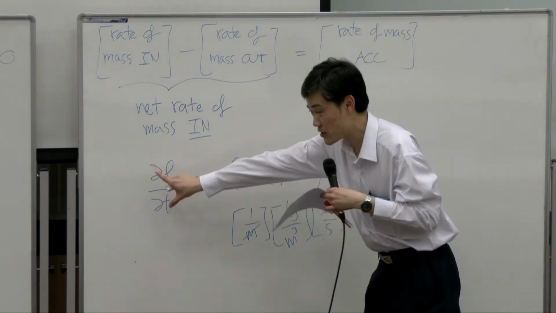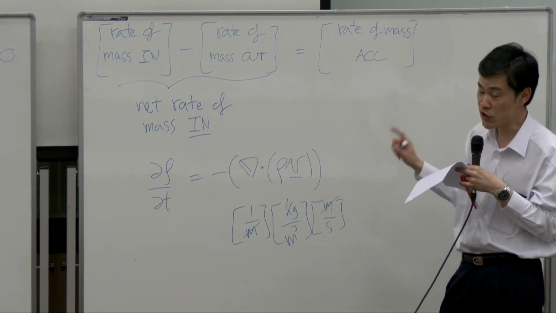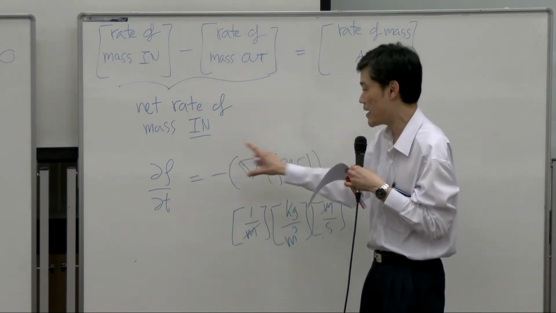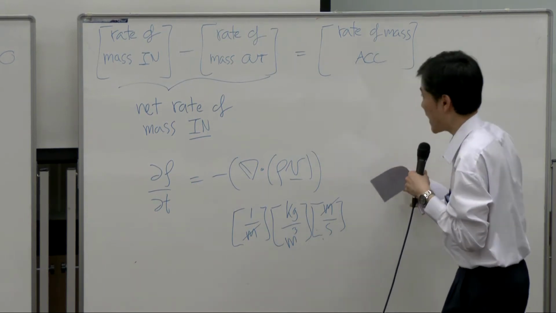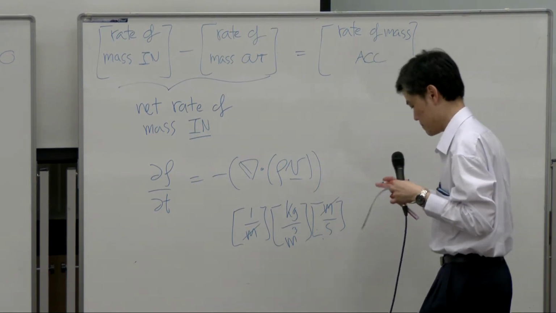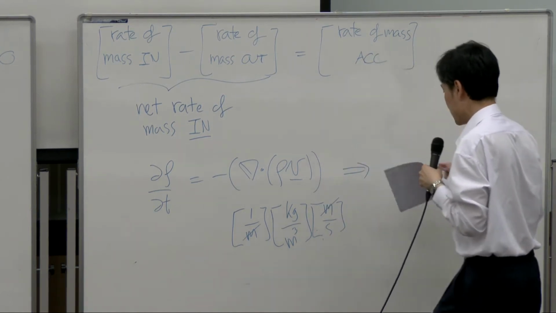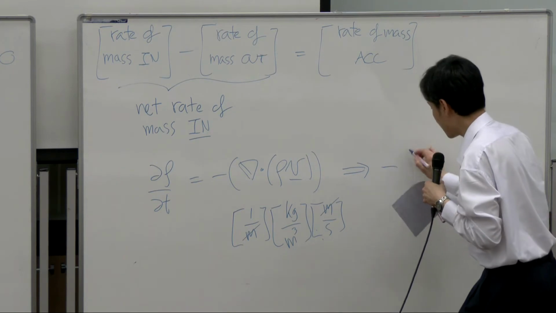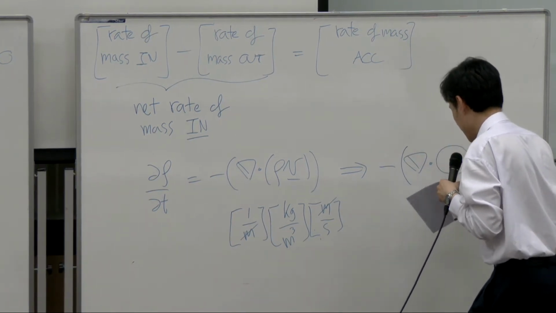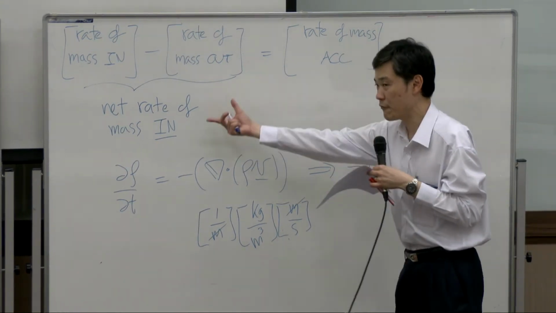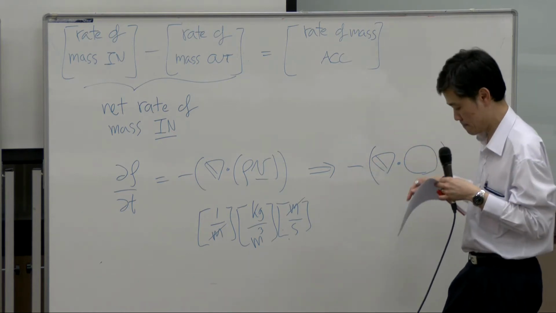This equation was derived per unit volume of shell. Actually, this is mass balance per unit volume, so this is the rate of mass going in per unit volume. But whatever this equation would be, I would like to emphasize that minus del dot something represents the net rate of something going into the system.